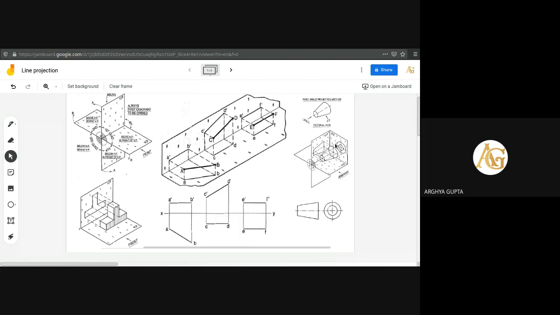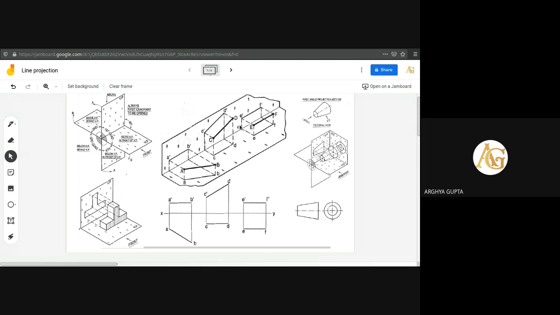If we rotate that auxiliary plane 90 degrees clockwise in that direction, just follow my cursor, it will be merged with the vertical plane. Then the views will be obtained like that. So this is the symbol. Please note it down. This is the symbol for the first angle projection method.